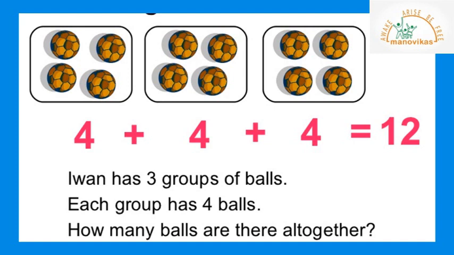How many groups are here? There are 3 groups. 1, 2 and 3 with 4 footballs. Now Yvonne has 3 groups of balls. Each group has 4 balls. So how many balls are there altogether? We have counted and we find that there are 12 balls.